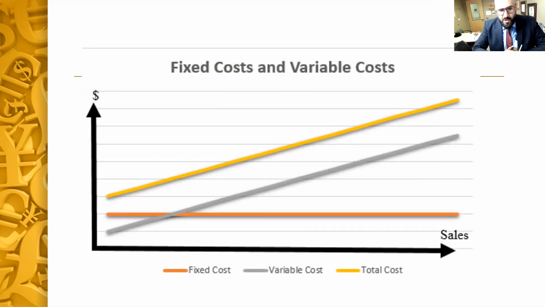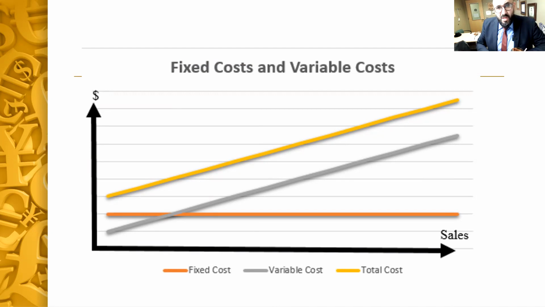And if we look at this chart, it will demonstrate the difference between the fixed cost and the variable cost. In the orange line right there, you will see the fixed cost. It's constant over the quantities. No matter what the quantities or the output is, it is still constant. The variable cost, in gray, as you see, is increasing with the number of units that you're producing or the project that you're serving.